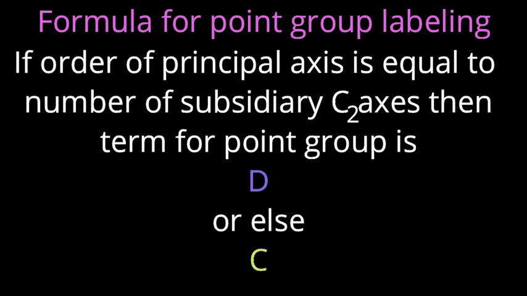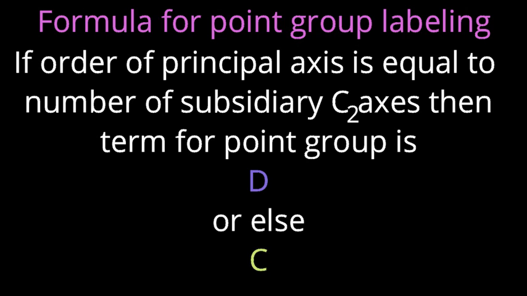So rule is, if order of the principal axis n is equal to number of subsidiary C2 axes, then point group type is dihedral means capital D. Otherwise, time being remember capital C.